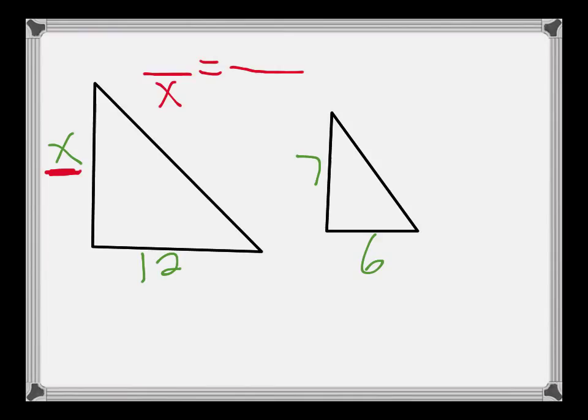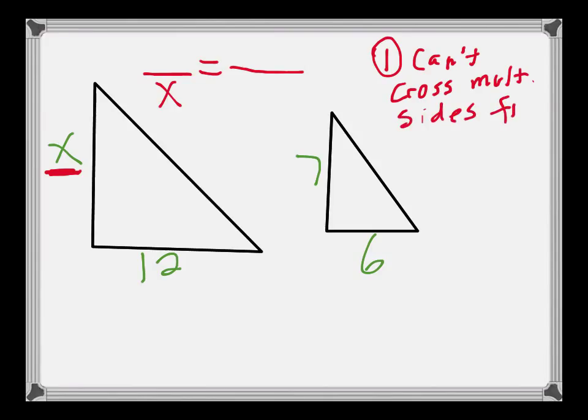Now here are the rules when you're setting up a proportion. There's two can'ts. The first can't is, you can't cross multiply sides from the same shape.